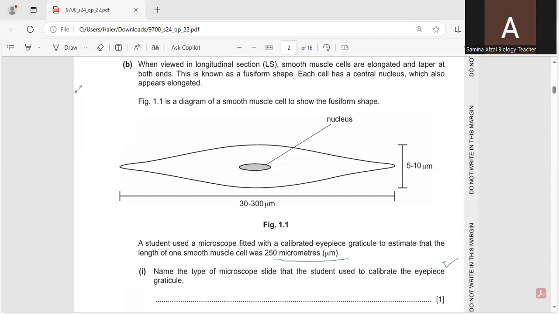The other scale, the microscope slide which is kept on the stage, is called the stage micrometer. Both of these scales are calibrated, and they are used to measure the length or the diameter of any object which is placed on the microscope.